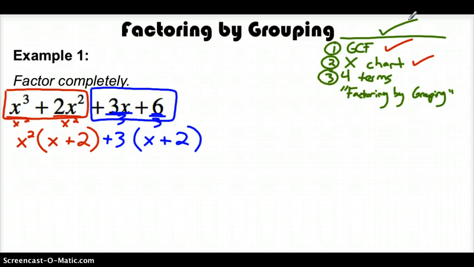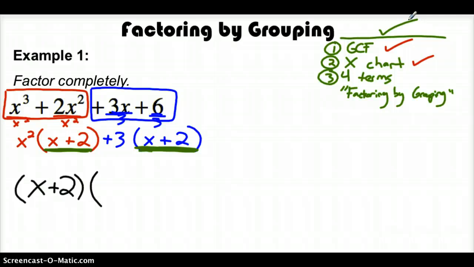This x plus 2 and this x plus 2 match. So we can think of x plus 2 as a factor of the red part and x plus 2 as a factor of the blue part, and now we're going to factor out that whole part. I'll write this x plus 2 on the outside, and now I'm going to write what's left over.